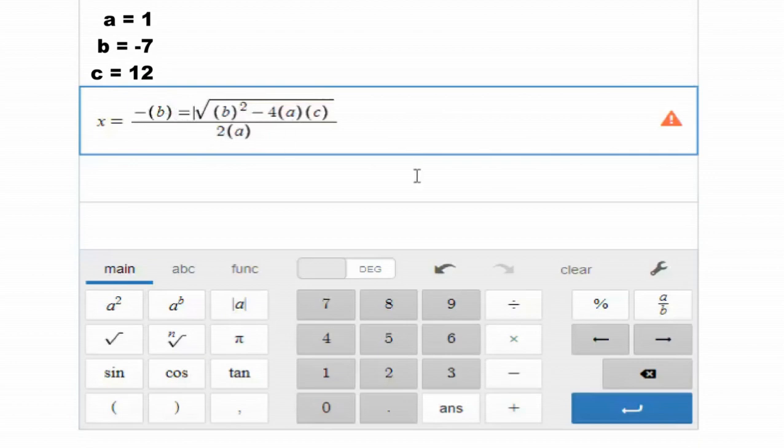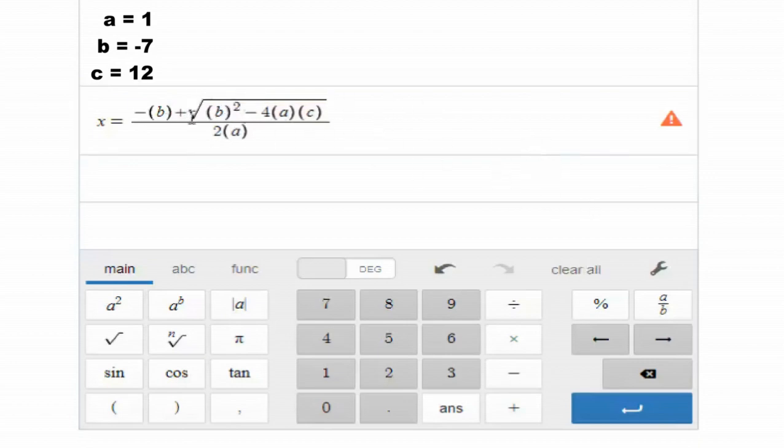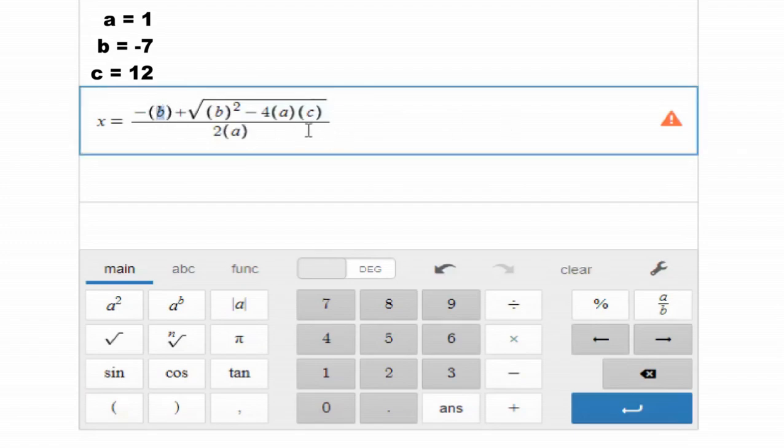Ayan, so ganun pa rin, papalitan natin ng ating letters na nandito. So try natin sa positive sign muna, no? So yung B natin ay negative 7. Let us change B into negative 7. Tapos yung A naman natin ay positive 1. Tapos yung C natin ay 12.